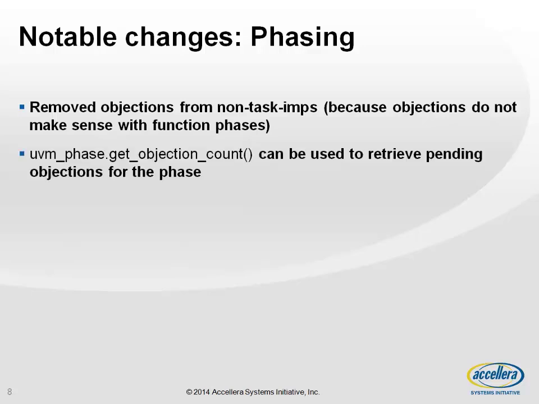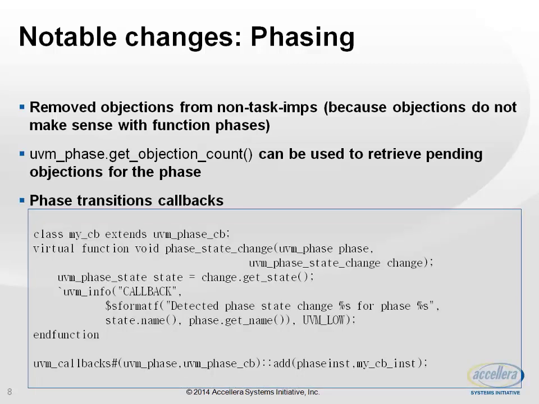There's a shortcut for getting the objection count, which is now uvm_phase.get_objection_count. You can retrieve the number of pending objections for a phase. This is just a shortcut for getting the objection and then calling get_objection_total on it. So very simple convenience. A bigger extension is the addition of phase transition callbacks. You can now have a callback on any phase transition. So whenever there's a phase transition from phase A to phase B, you're getting a notification.